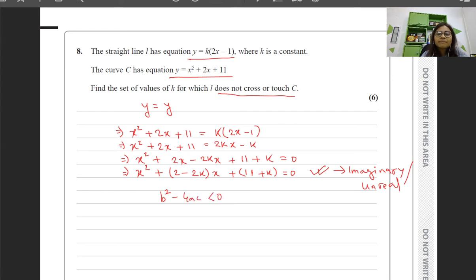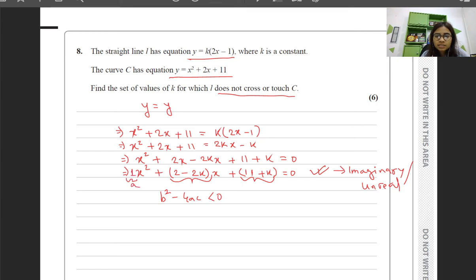So for unreal roots, the nature of the roots will be described as b² - 4ac < 0. Here this is b, this is c, and the coefficient of x², that is 1, is a.